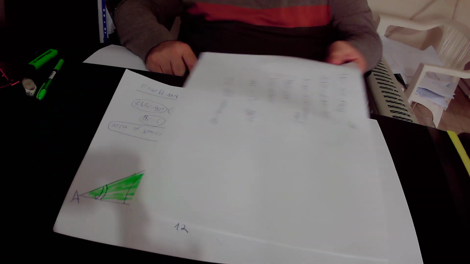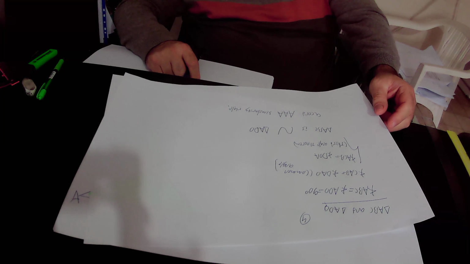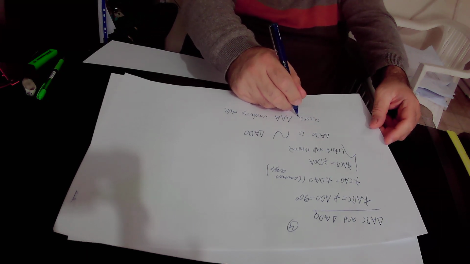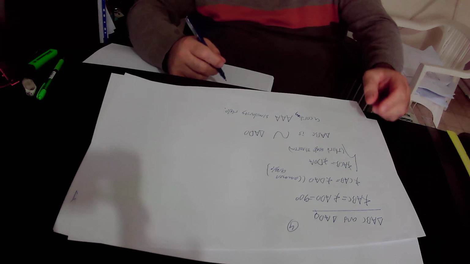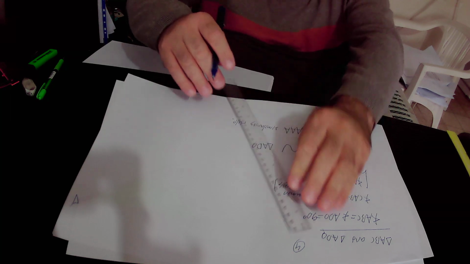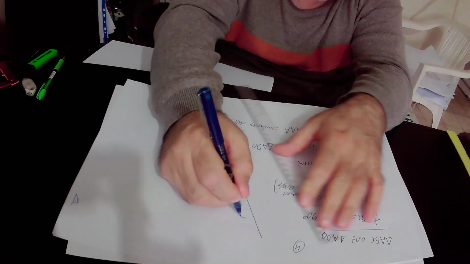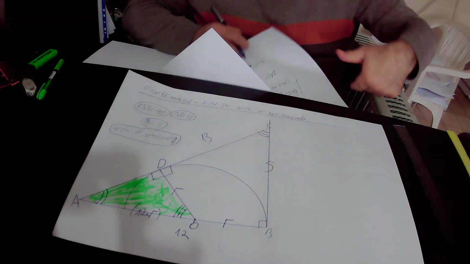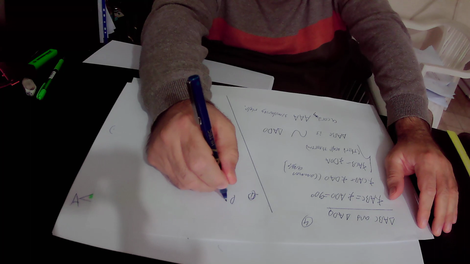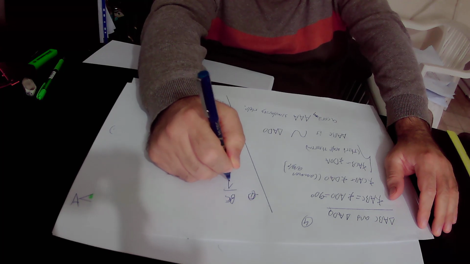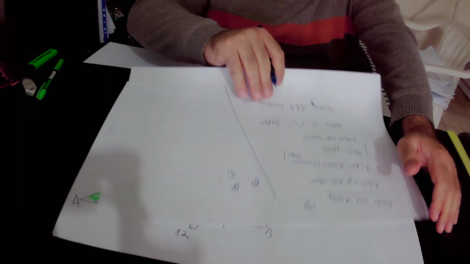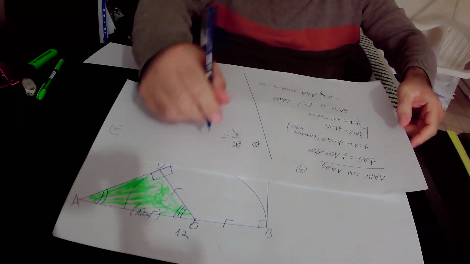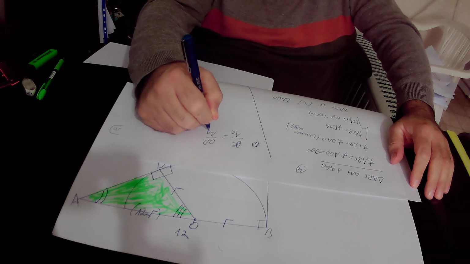Okay, and from the fact that triangle ABC is similar to triangle ADO, we will conclude that BC over AC in triangle ABC is equal to OD over AO in triangle ADO.